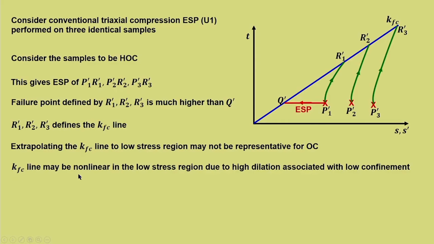Because of this, non-linearity creeps in. So, the KF line may be non-linear in the lower stress region due to dilation associated with low confinement. But I am not showing that in this particular plot because we know this much earlier. So, we just want to understand that a normal compression test in the lab may not simulate the actual field conditions.